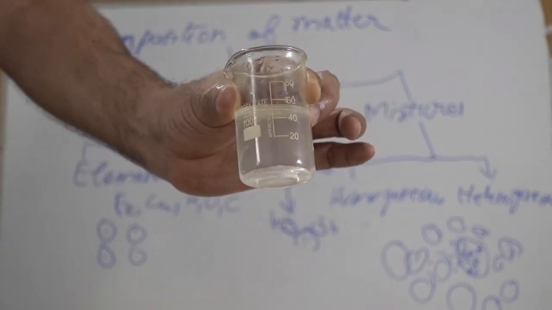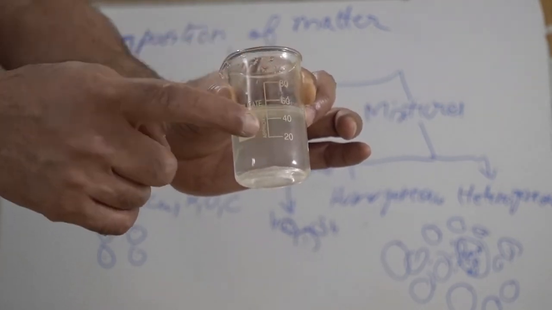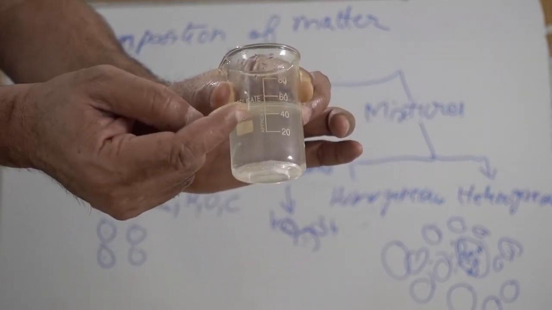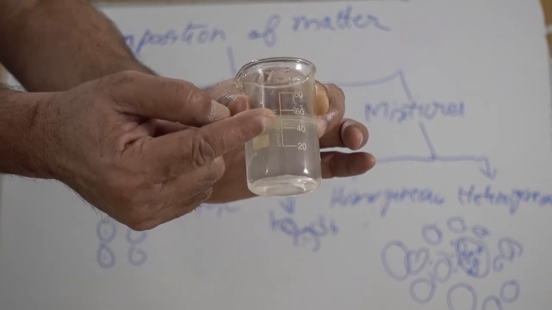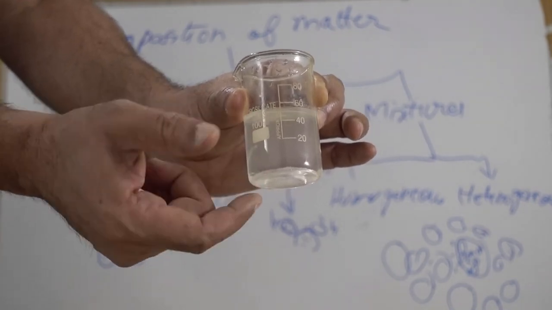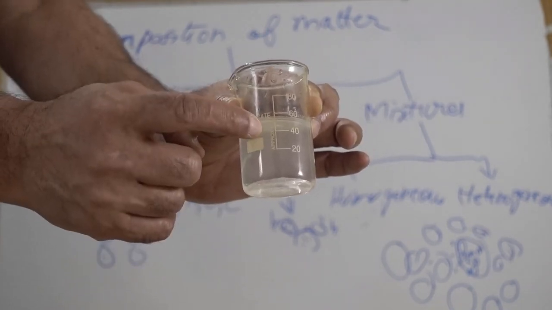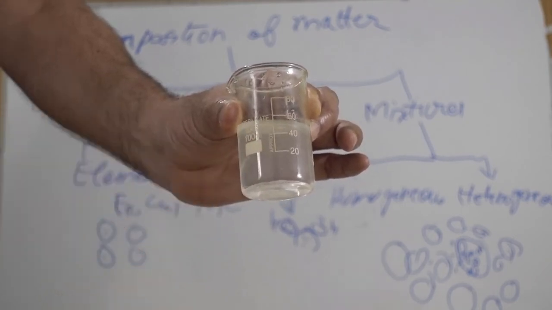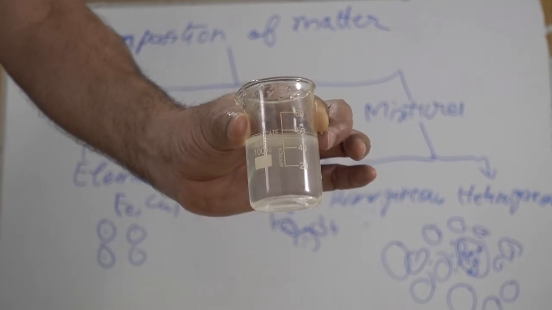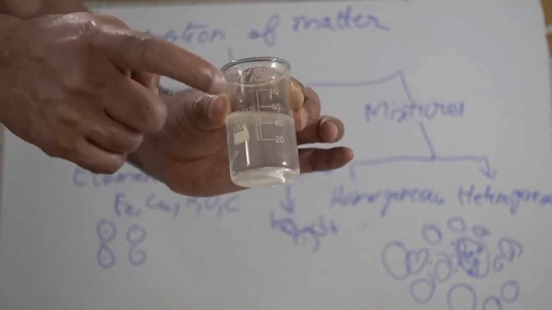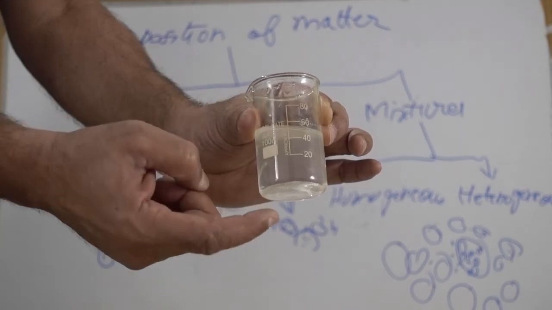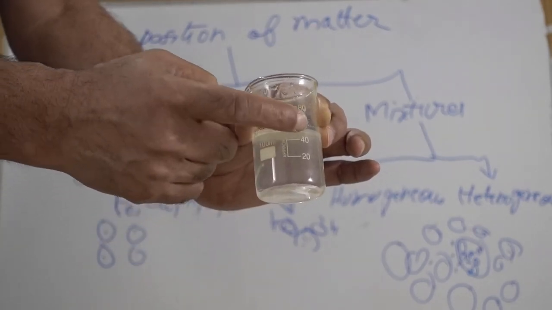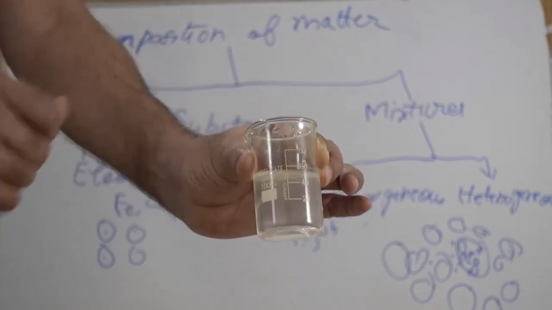We shall study that later on. At this equilibrium state, the salt particles going from the solid state into the water and the particles coming from water to the solid state, the rate becomes equal and we get a saturated solution. Equilibrium has been attained at this stage. The water above is a homogeneous mixture of salt and water.